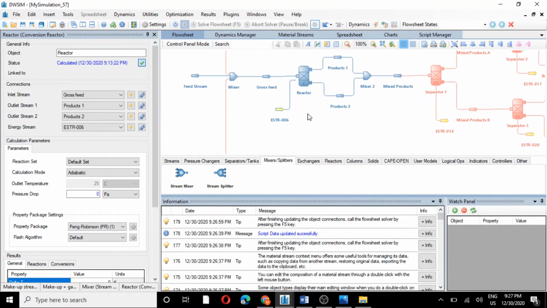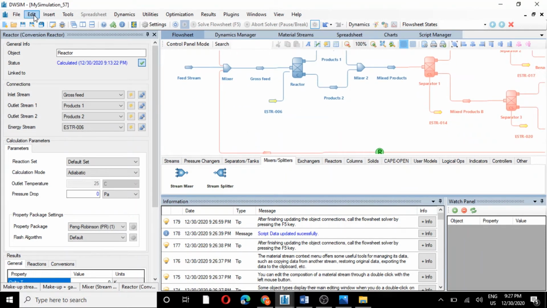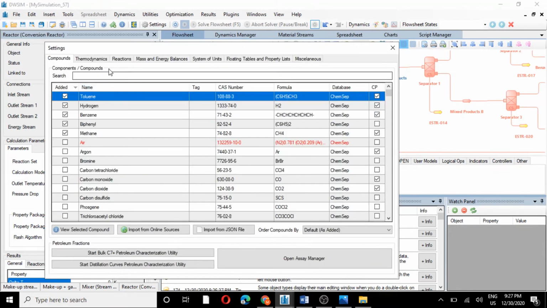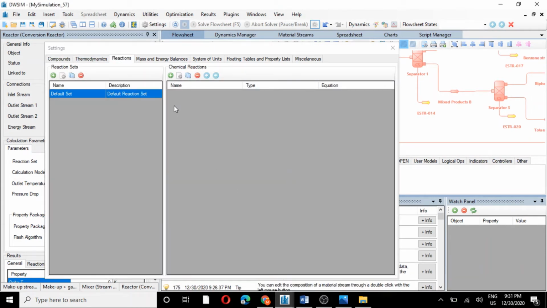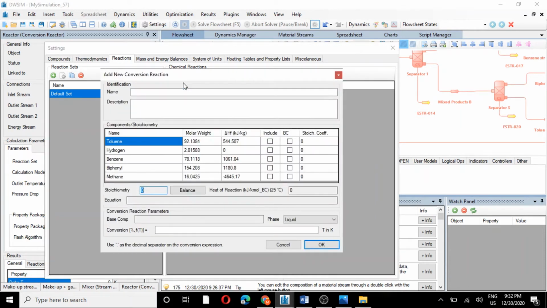To do that, go to the edit, then simulation settings. We have reactions here, next to thermodynamics. To add a chemical reaction, you just have to click here, add chemical reaction or conversion. I'm gonna name this reaction 1.